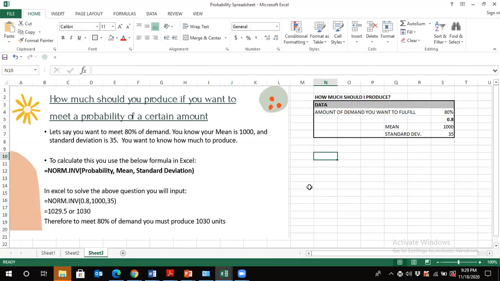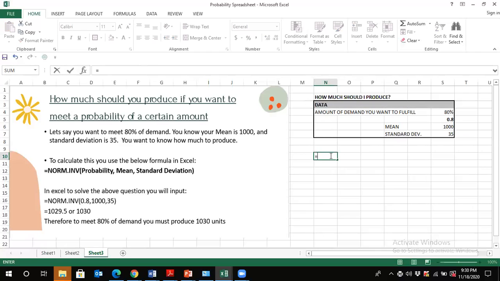So I am now going to put in this formula in Excel for you, so that you can see how I'm doing it. Again, I've gone into this cell over here and I'm going to press equal. As soon as I press equal, I'm indicating to Excel that I want it to calculate a formula for me.